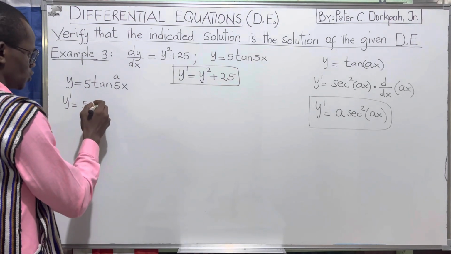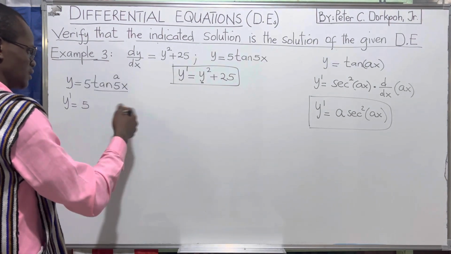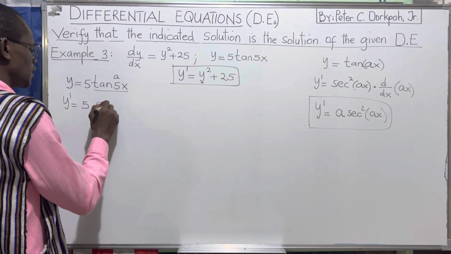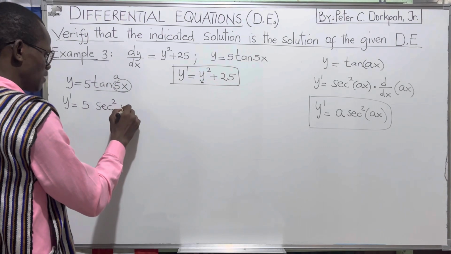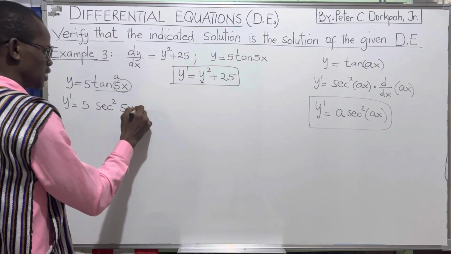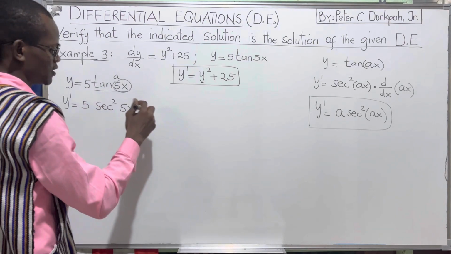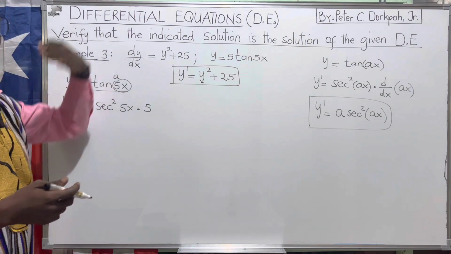It's just like saying differentiate tangent of x. The derivative of tangent is secant square of x. Now x is the angle, which is 5x. Times, then you differentiate the angle of tangent. The derivative of 5x is just 5. This method is called the extended power rule.